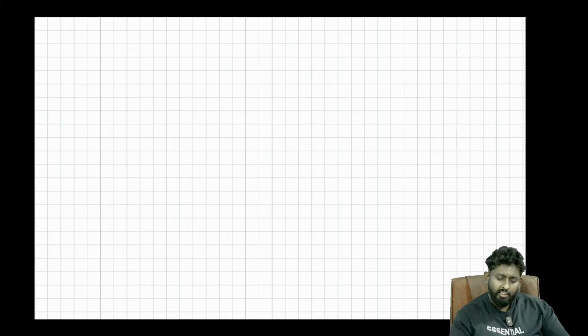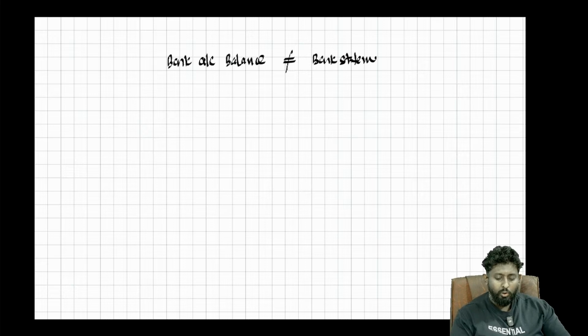Normally, if the bank account balance is not equal to the bank statement balance, let's see what the possible reasons are.